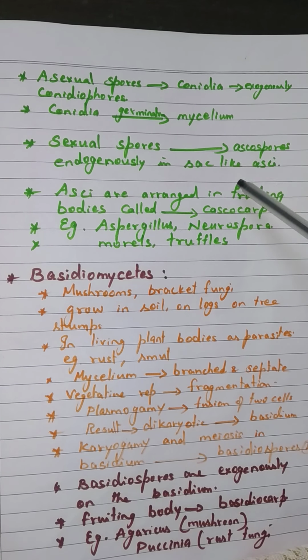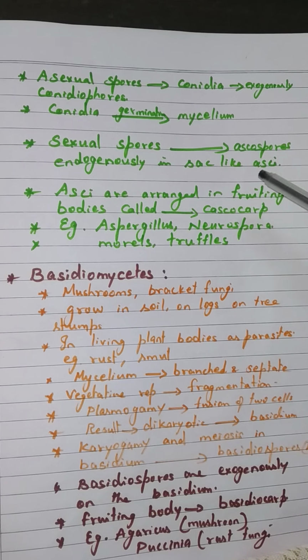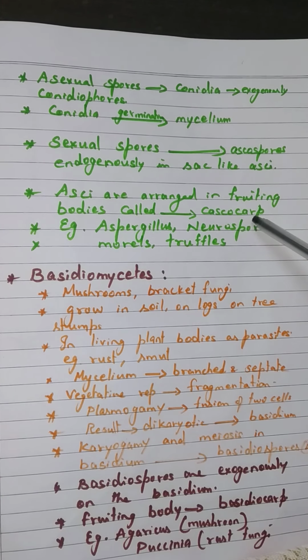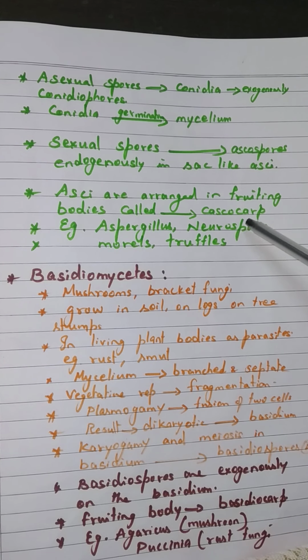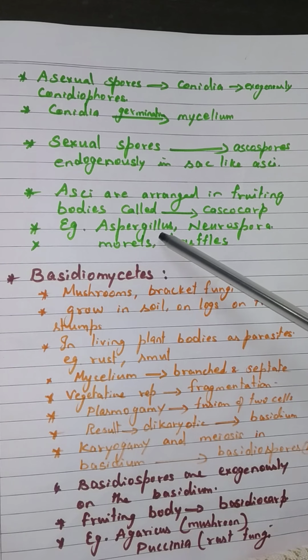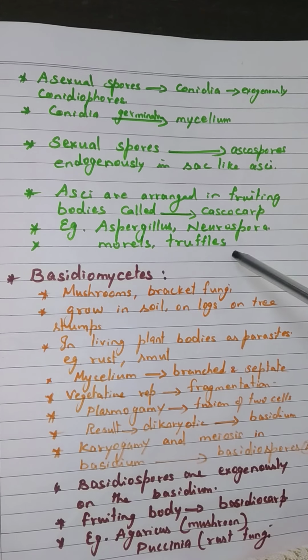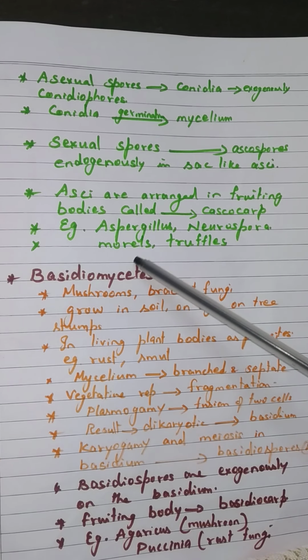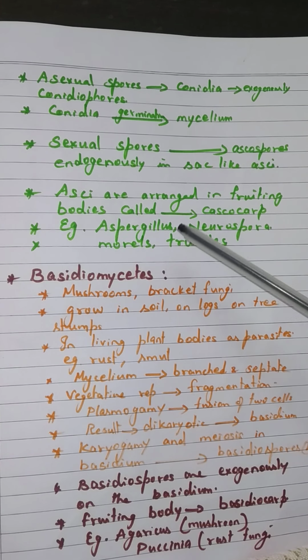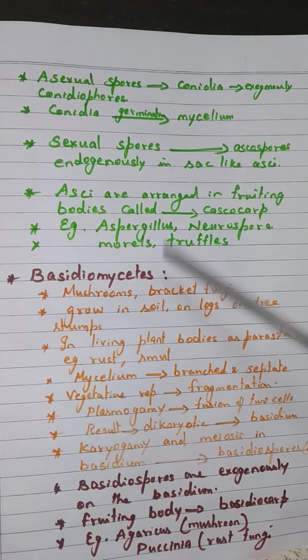These asci are arranged in different types of fruiting bodies called ascocarp. Some examples are Aspergillus, Neurospora, morels and truffles. These two are edible and are considered delicacies.